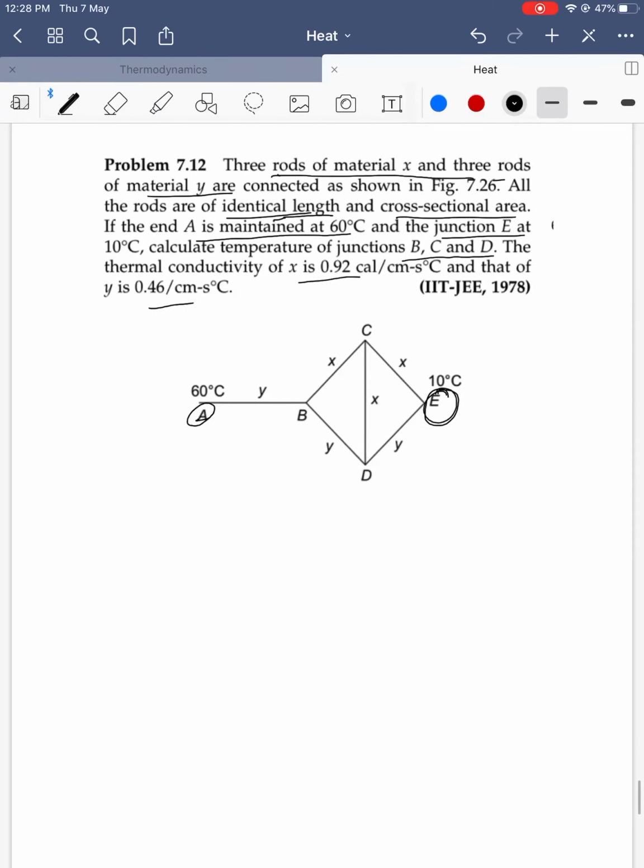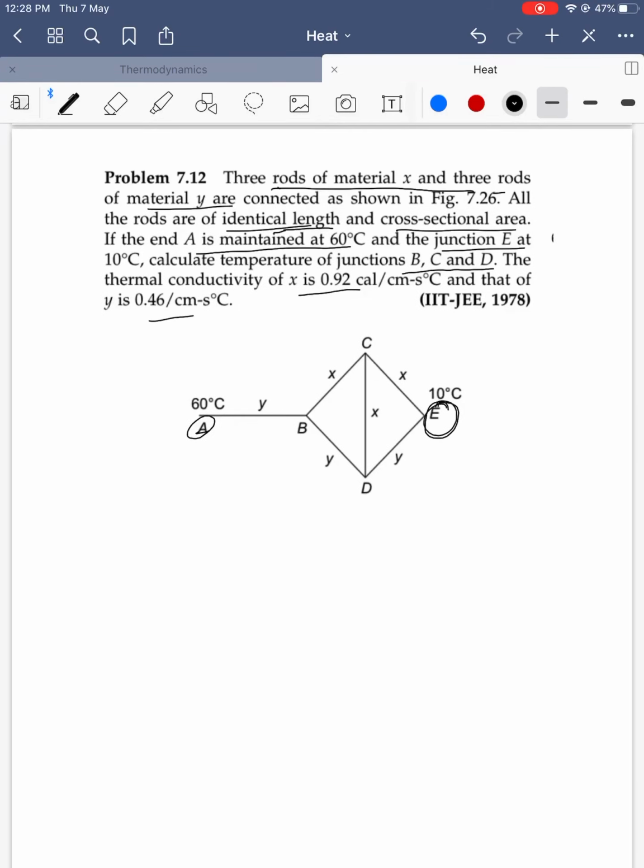So what to do? First draw everything in a resistor form. One side it is 60 degrees Celsius, another side it is 10.